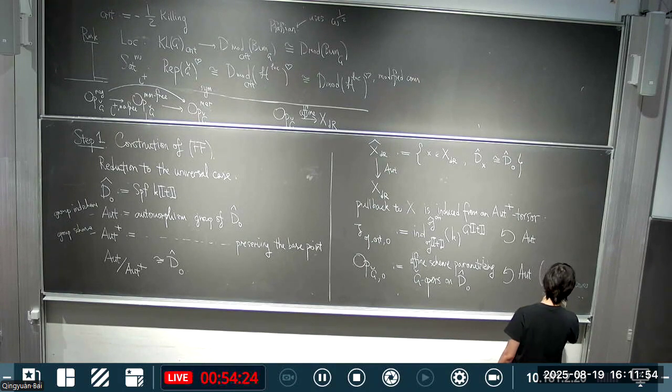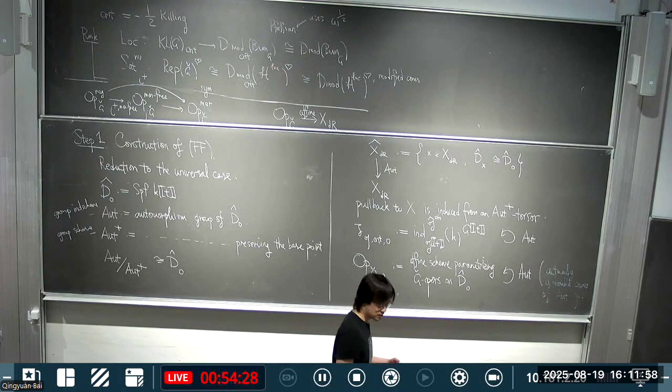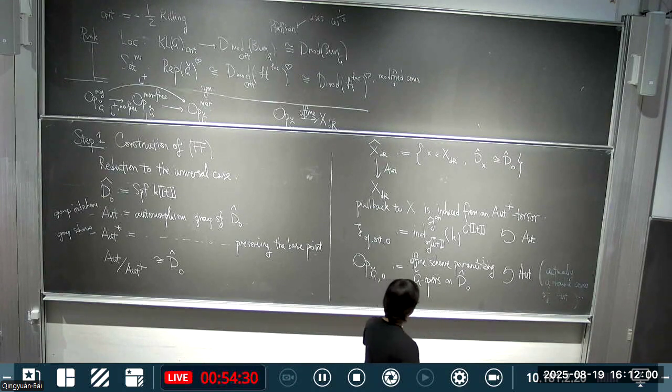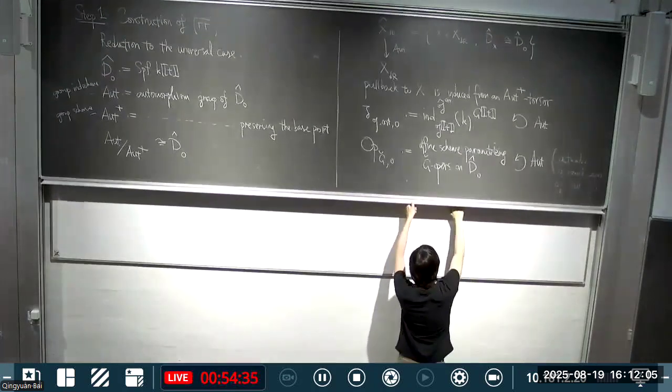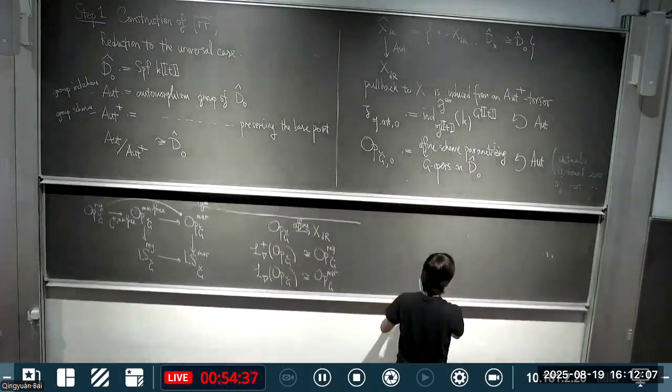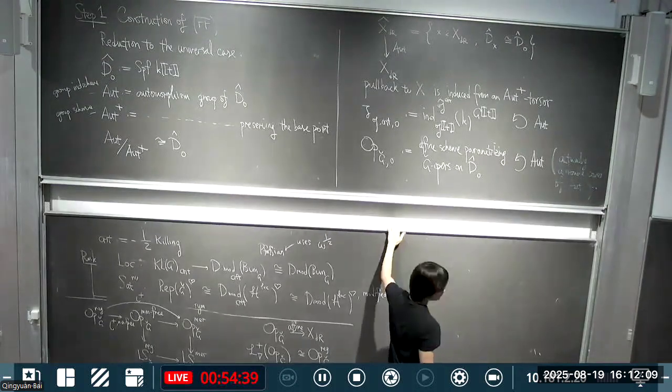Namely, you need an automorphism not only of the standard disk, but also of the standard square root of omega. But I will ignore this going forward and pretend it's just acted on by Aut.